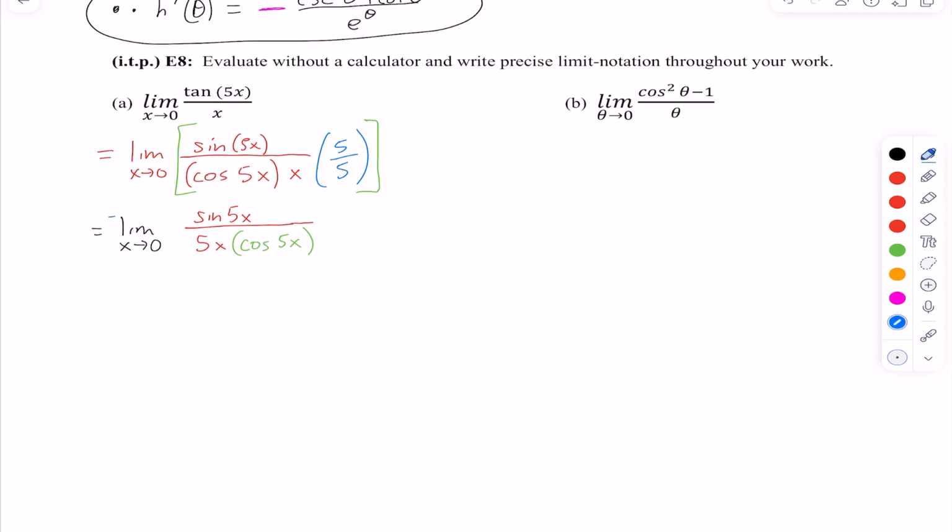In fact, I'm going to put a constant of 5 all the way in front of the limit. And that is part of your limit laws. You can certainly do that. Now, because you could see that the limit of this function does exist, and you could see the limit of this function also exists, we may now write additional limit laws.